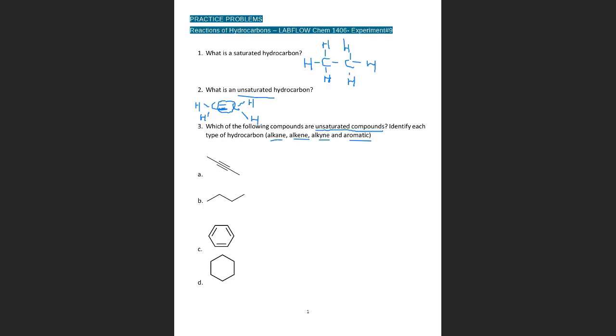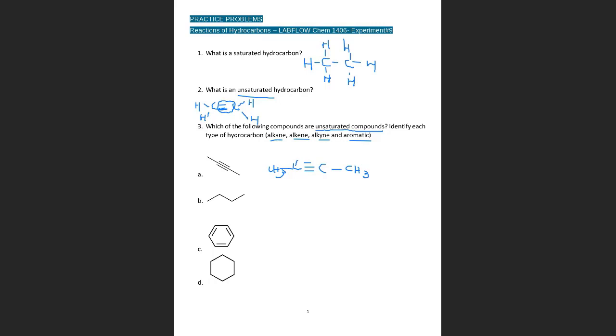You see that this is the same as a triple bond, so it's unsaturated and it's an alkyne. Look at B. B has all single bonds, no double, so it's a saturated alkane.